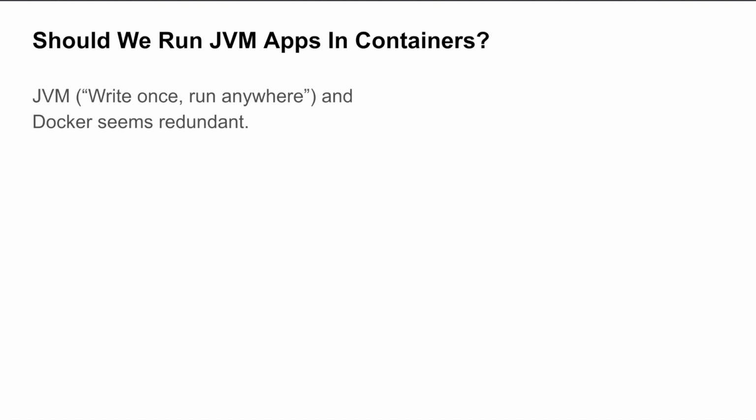I can do the same thing with Docker. I can create a Docker image, and I don't have to use a Java or a JVM language. I can use anything I want. And this Docker image, if it runs on my computer, then I'm pretty sure it's going to run the same way on another computer with Docker installed.